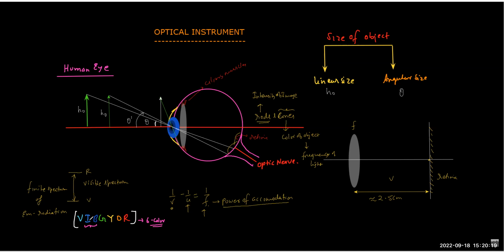It is quite close. The frequency more than violet we call UV, and the frequency less than red is called infrared. So beyond the visible spectrum, we have the ultraviolet spectrum and the infrared spectrum. And in the spectrum chart, you can see other spectra like X-rays, gamma rays, cosmic rays. Okay. So all these things are there.